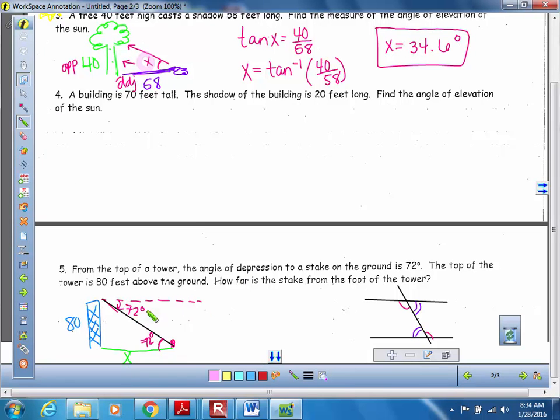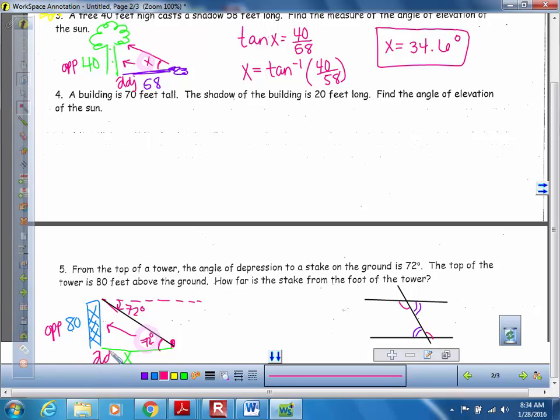So now we can look from here. We have 72. I know that 80 is across from that, so this is my opposite. And then I also have my adjacent. So the trig function that we can use for that would be tangent.